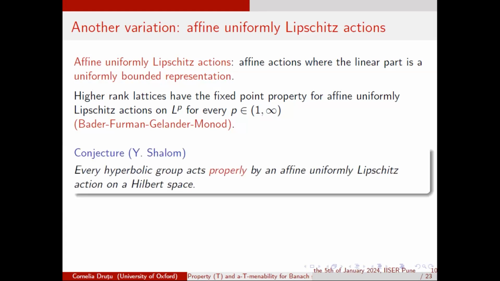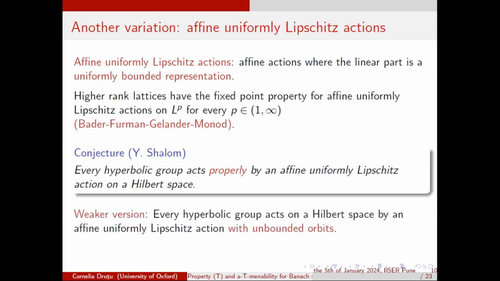While in rank 1 and for hyperbolic groups, this is conjectural. So it's a conjecture of Shalom that every hyperbolic group, again, including all those with property T, will have a proper action on a Hilbert space by this kind of actions. So not isometric, but affine uniformly Lipschitz. There is even a weaker version of that, which is we're just asking that every hyperbolic group acts on a Hilbert space by affine uniformly Lipschitz transformations with unbounded orbits.